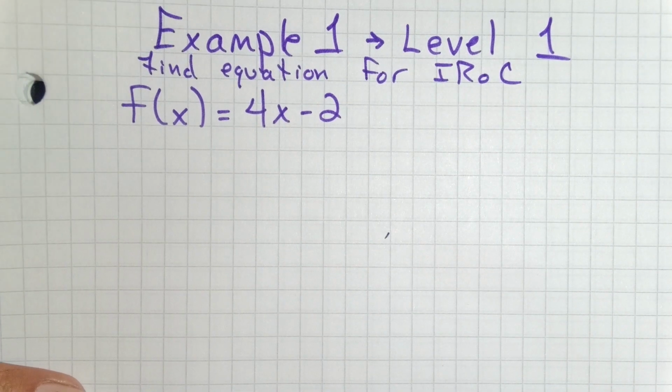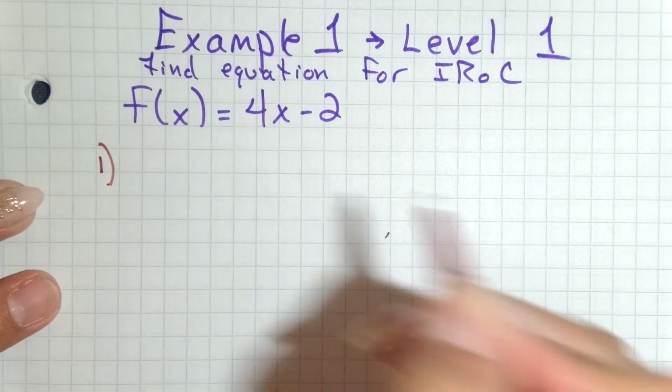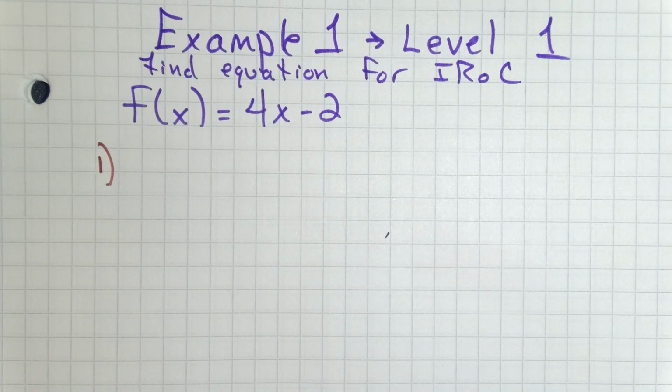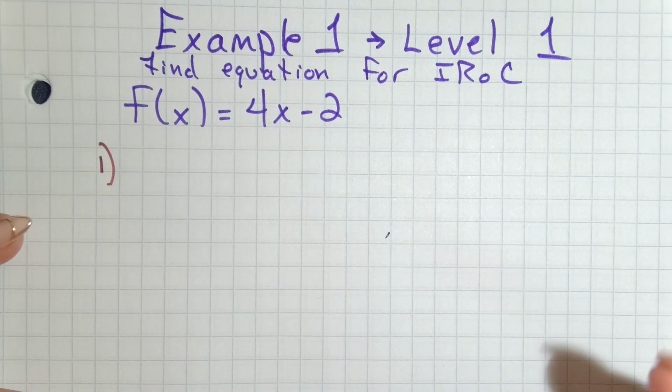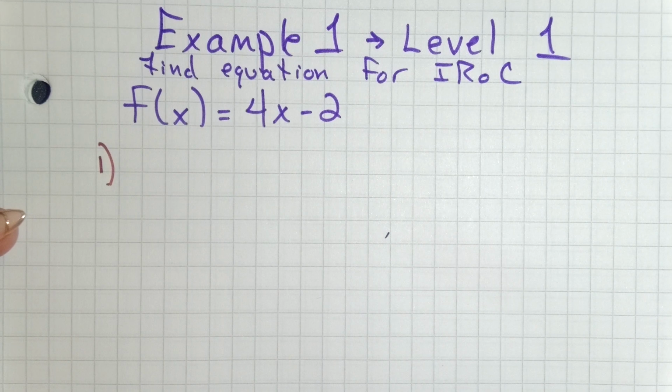All right. So let's take it step by step. We're going to use our steps, and I know that some of you wrote it on the other side. So step 1, what does it say we have to do? We should all have it down in our notes.